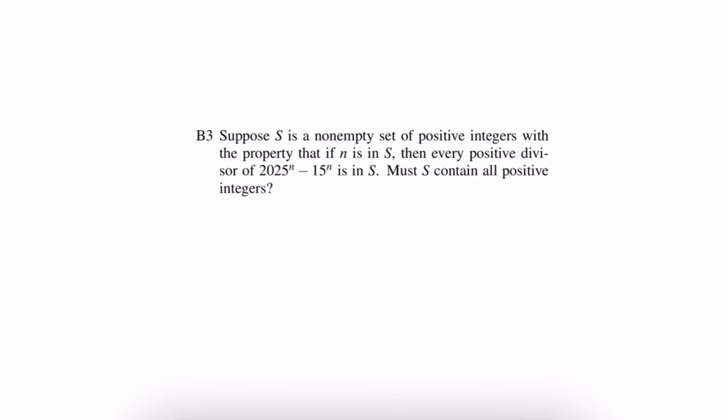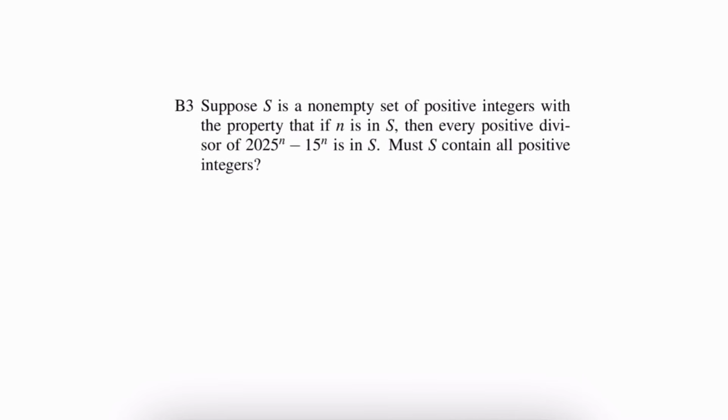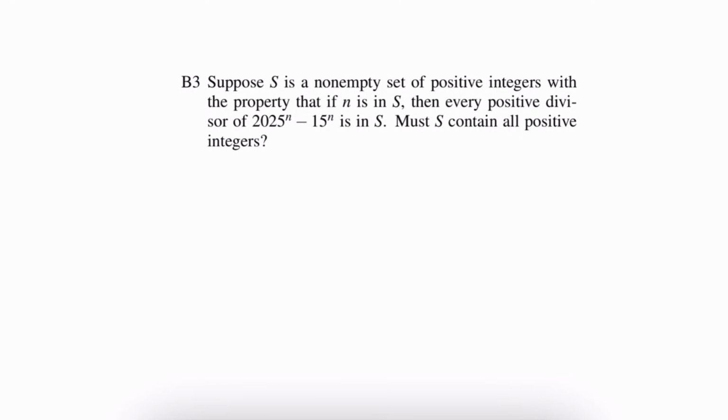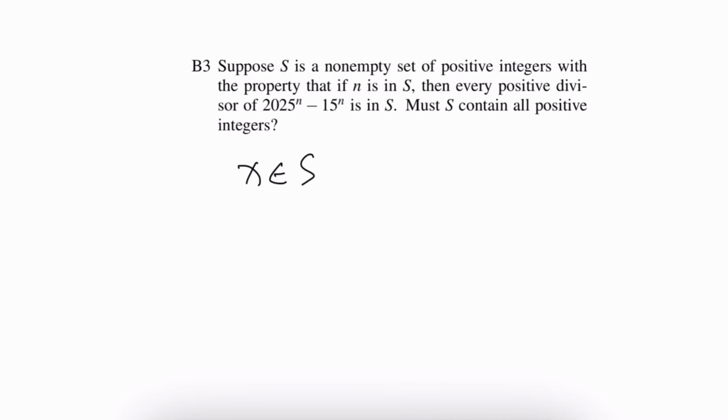And so I guess how we should start is, what's the sort of worst case scenario to try to get that S actually does not contain all the positive integers, right? So we know that S is non-empty, so there's at least some integer x in S. So if we consider 2025 to the x minus 15 to the x, no matter what x is, we always have at least that 1 divides this, right?